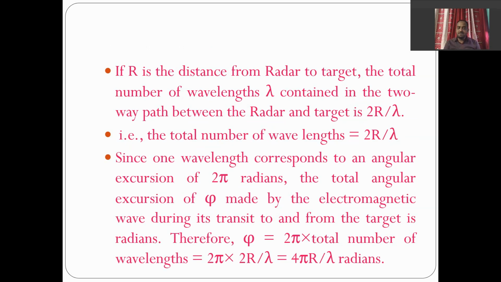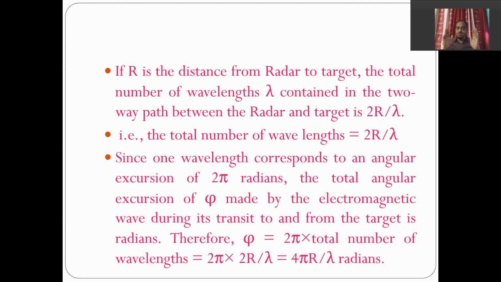Consider if r is the distance from the target to the radar station. The total number of lambdas that occupy between the radar station and the target is, let us say, n lambda. The path length of the electromagnetic signal is, it has to start from the transmitter, go to the target, and again come back to the transmitter.